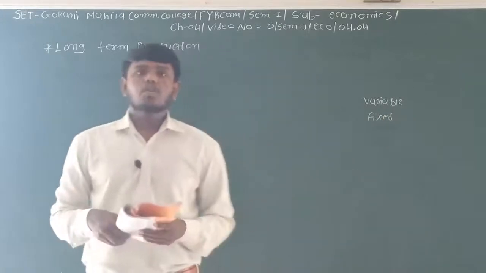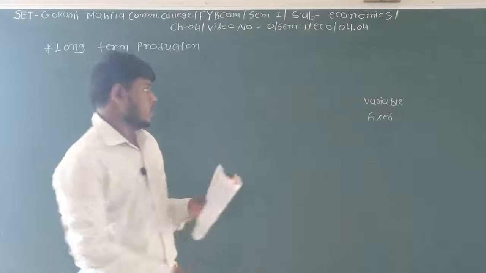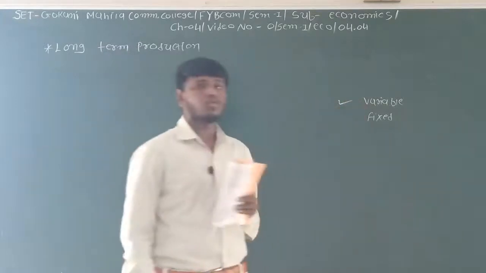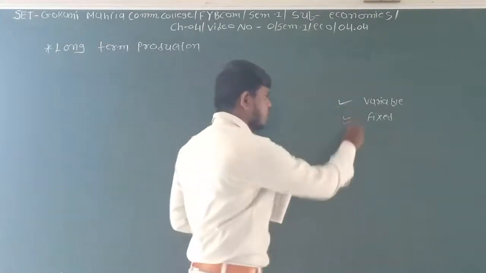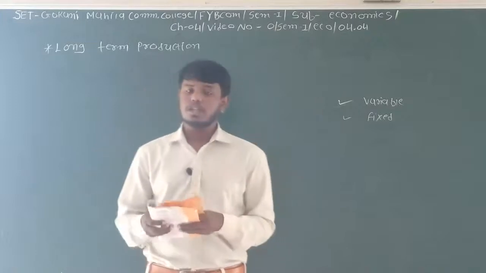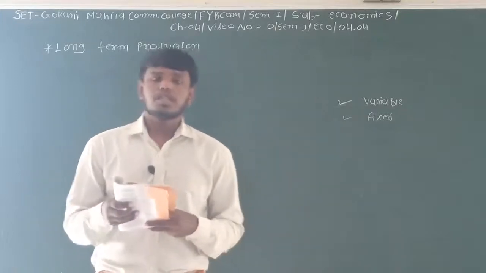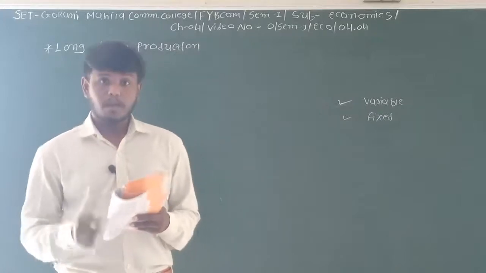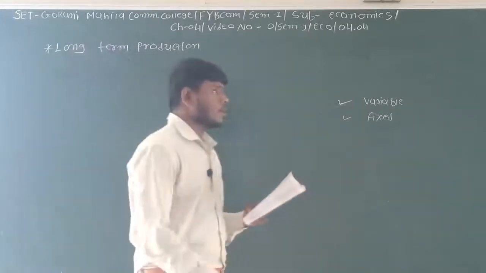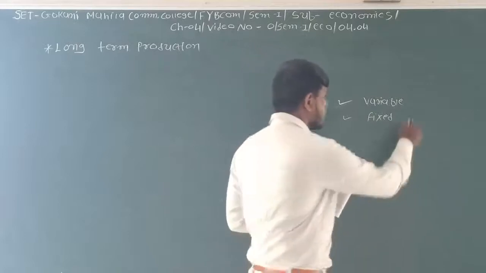In the short term production system, you can change the variable factors, but you cannot change the fixed factors. Like you cannot change the plant, you cannot change the capital in your business enterprise in the short term, but in the long term, all the factors become variable.